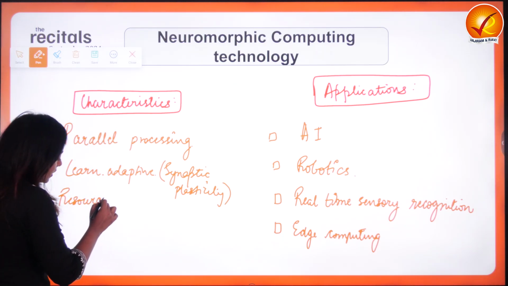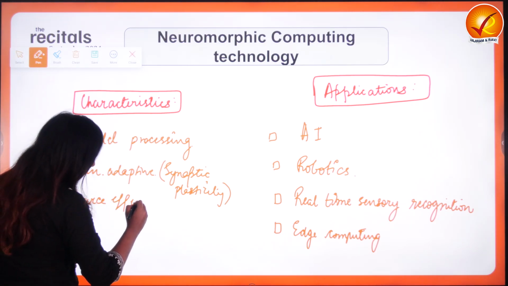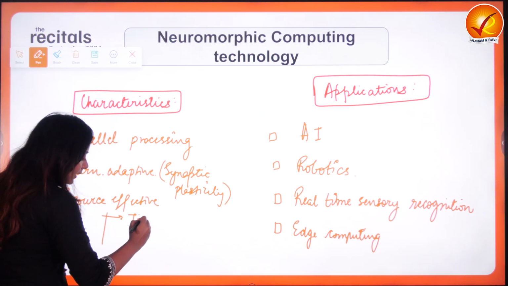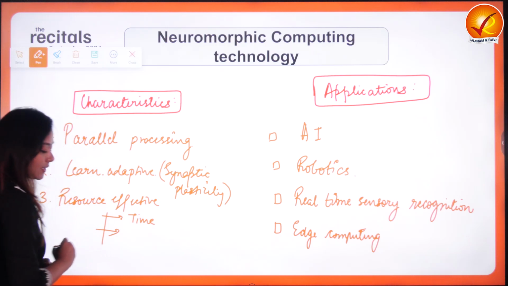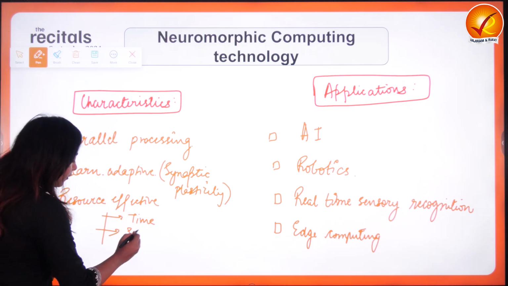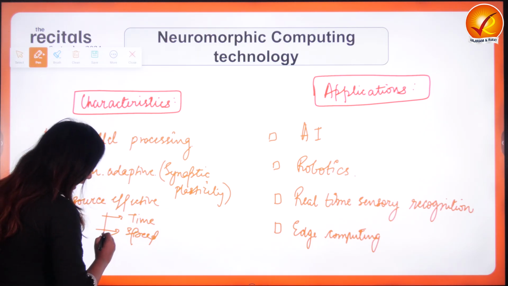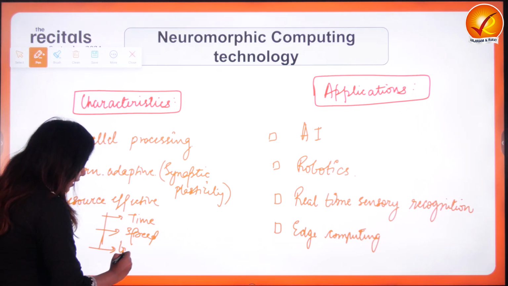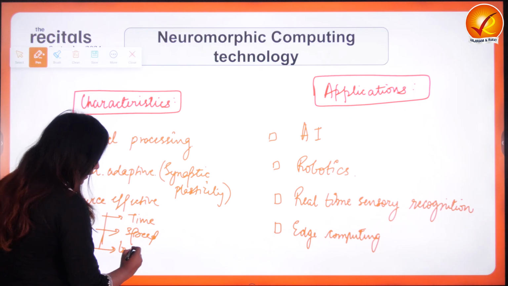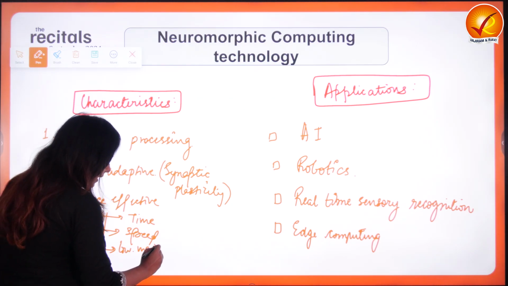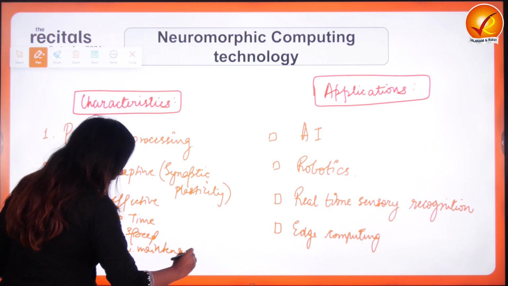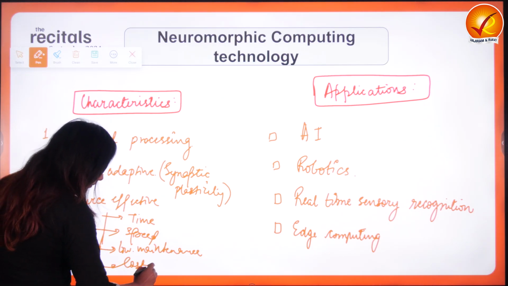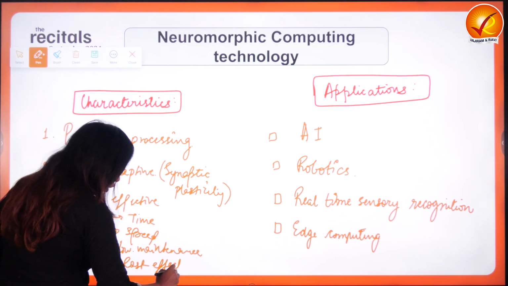is resource effective. Resources like, it does my work in quicker time. And since it does not require a lot of maintenance, it also requires low monetary resources for maintenance, and it is effectively cost neutral.